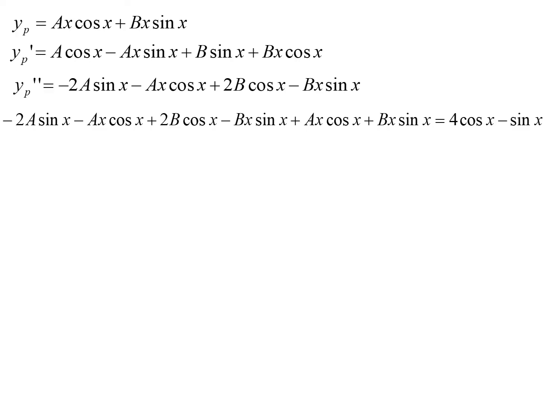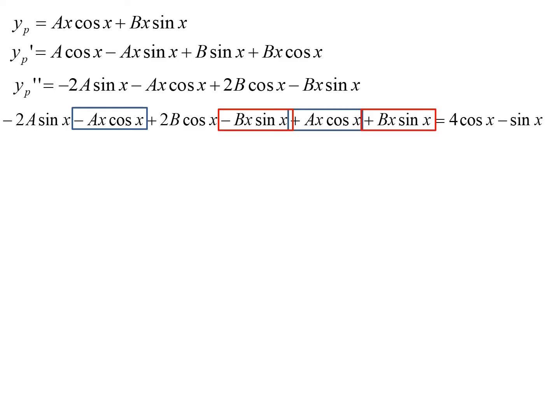So we're going to equate our coefficients. If we look at our x cosine x terms, we have a negative A and a positive A, so those will cancel out. And there is nothing on the right-hand side, so we get 0 equals 0. If we look at our Bx sine x terms, same thing happens.